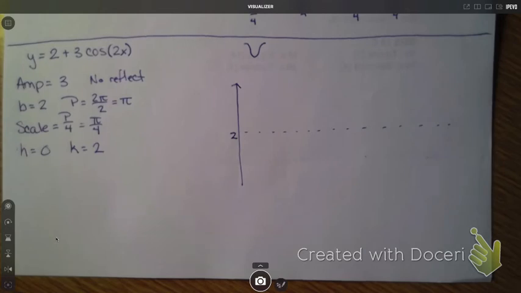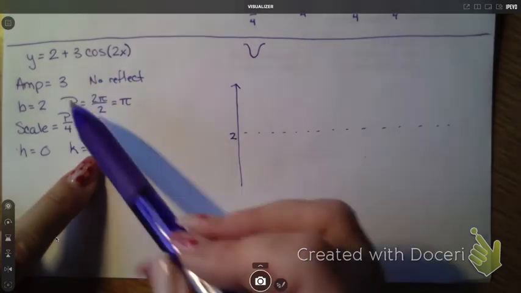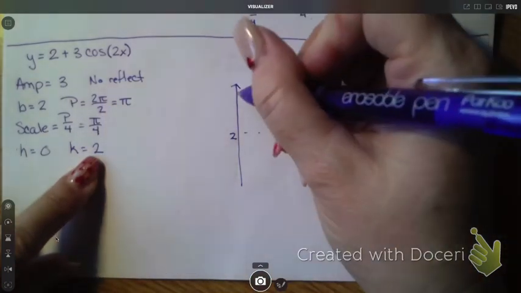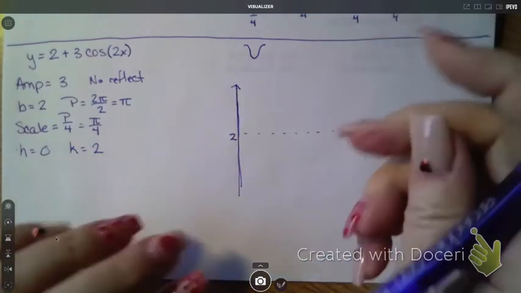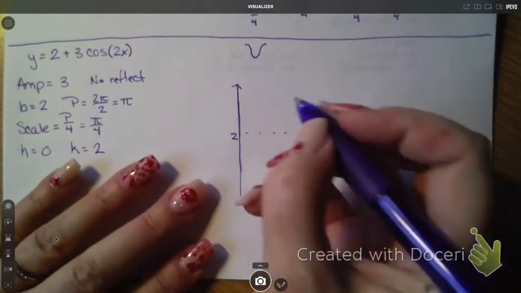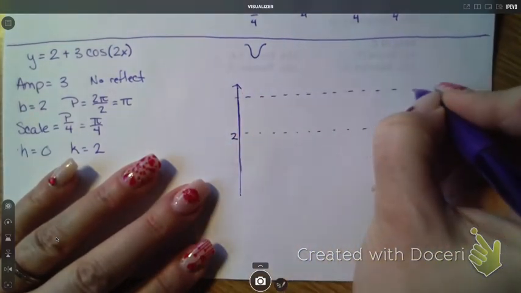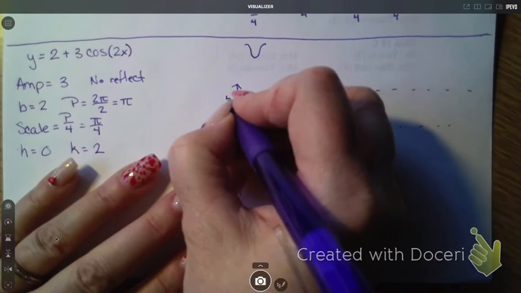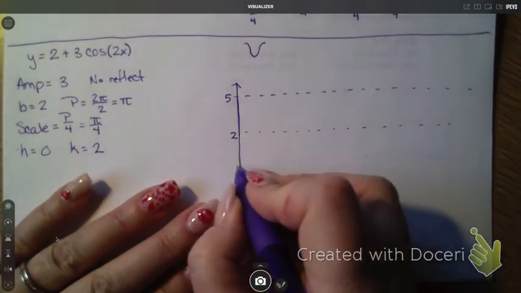It's my new axis, right? My amp is from my axis up and my axis down. So my maximum is going to be where? 2 plus 3 is 5. So I put a 5. 2 minus 3 is negative 1.